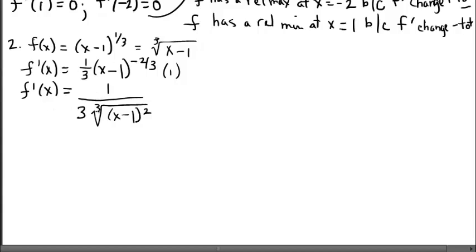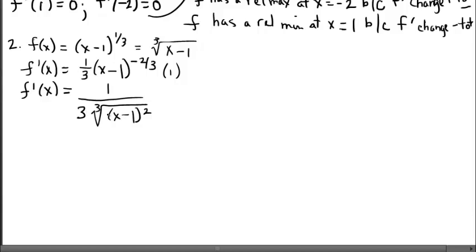So we're still investigating critical numbers. Where is this derivative 0 in the denominator? Remember, we don't want to divide by 0. If I set the denominator equal to 0 and solve it, I'm going to get x equals 1. That makes us have a 0 in the denominator.